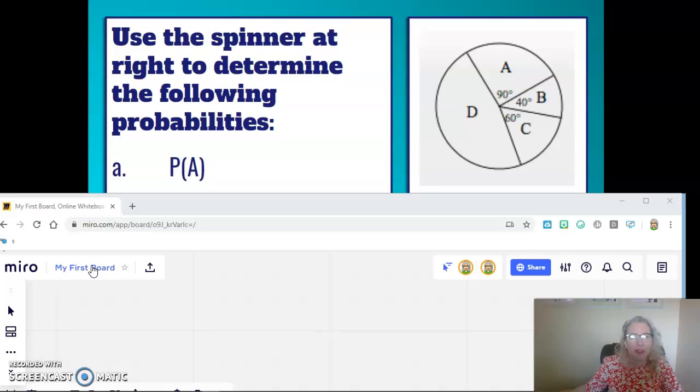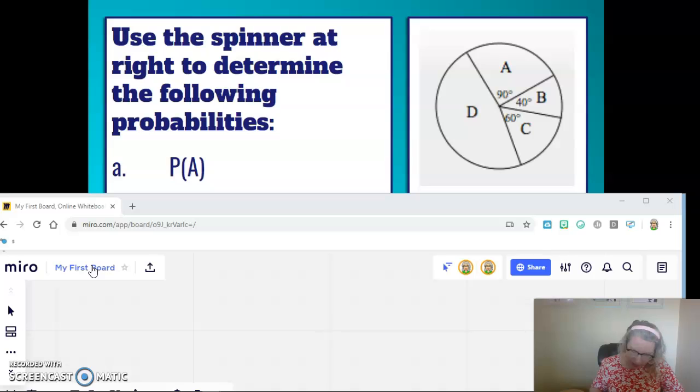Use the spinner at right to determine the following probabilities. First of all, you need to know that we read P of A, and that means the probability of landing on A. So what we know is that A is 90 degrees.